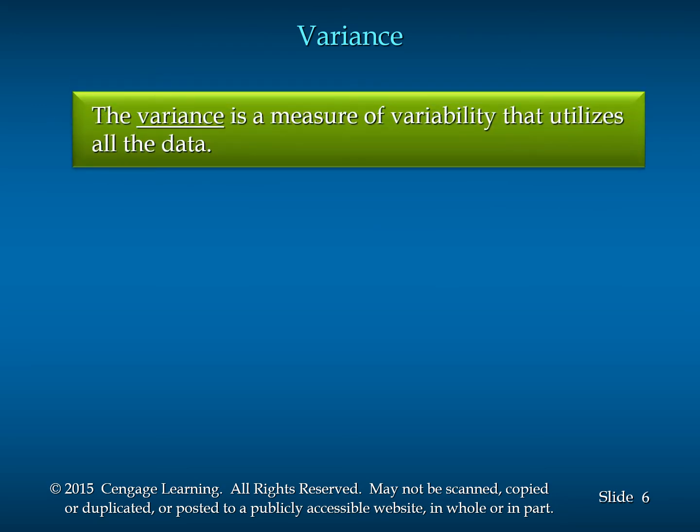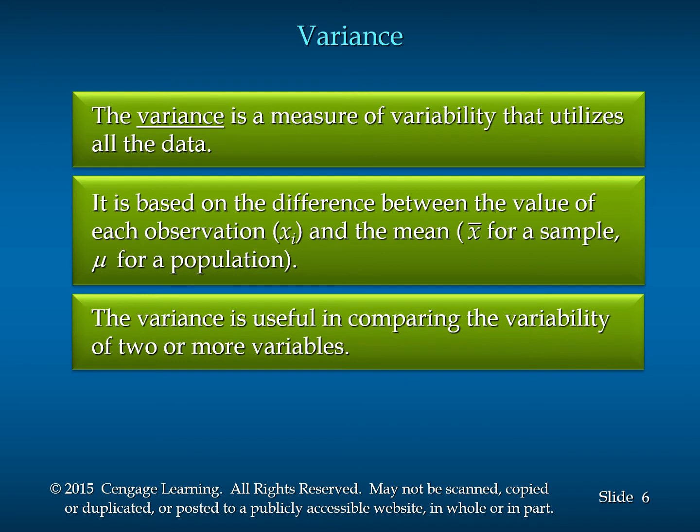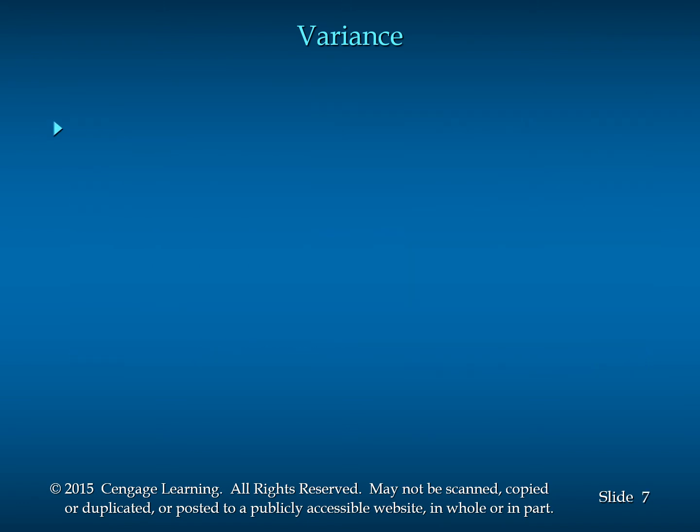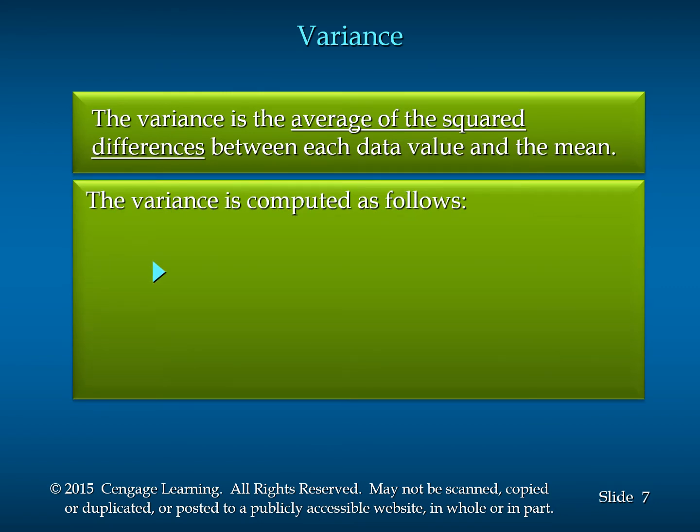The variance is the most mathematically useful measure using all of the data. The variance is the average of the squared differences between each data value and the mean.